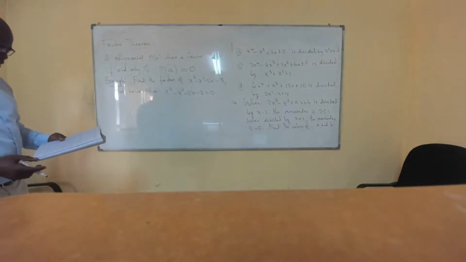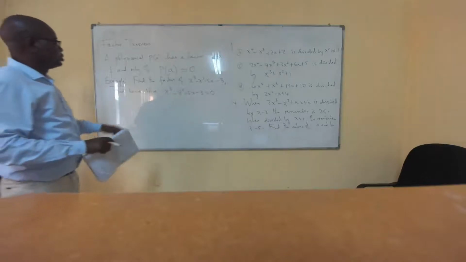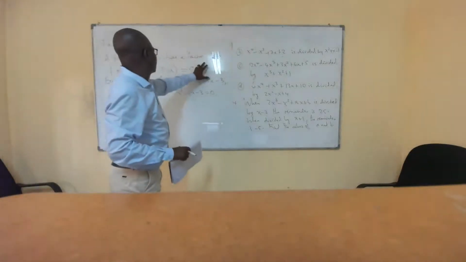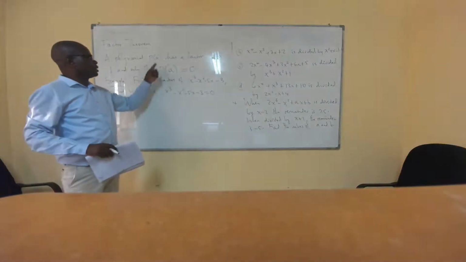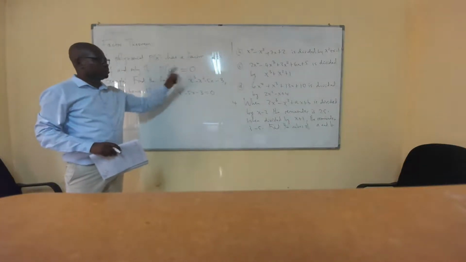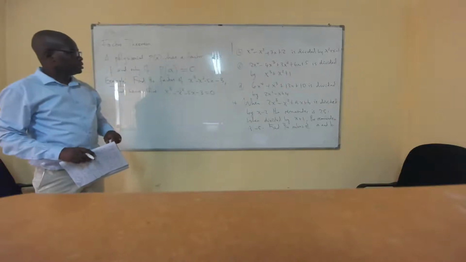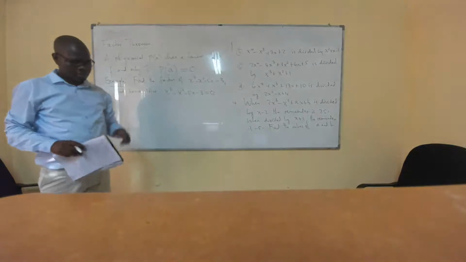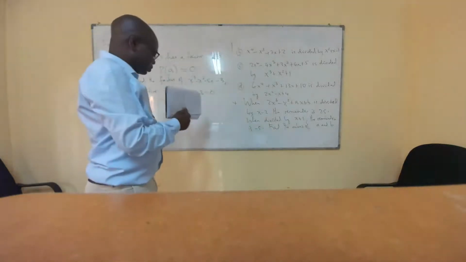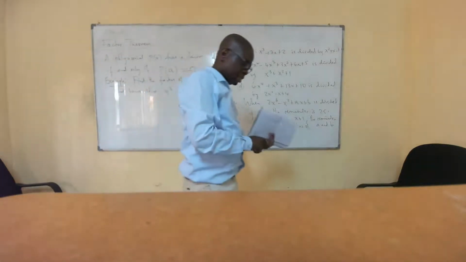So we need to find out when a polynomial has x minus a as a factor if and only if, when evaluated at a, it gives 0, okay? And we know it's a factor when the remainder is 0, right?